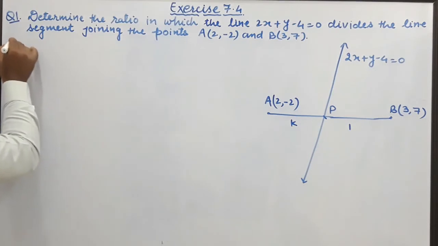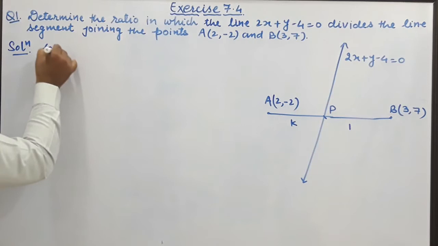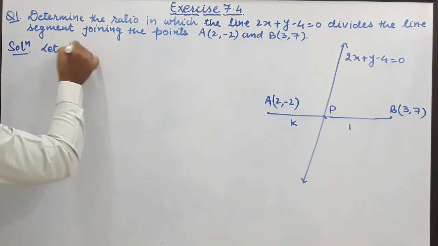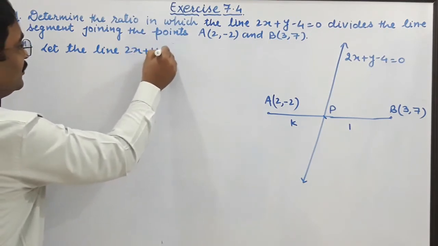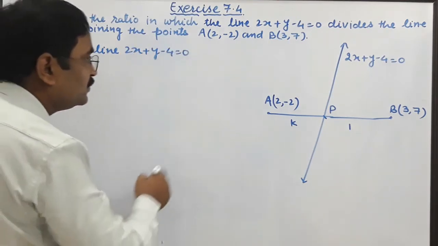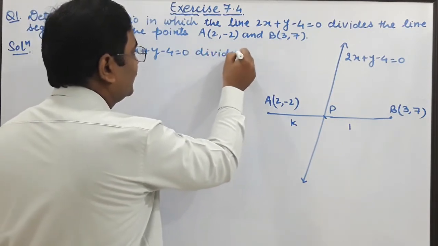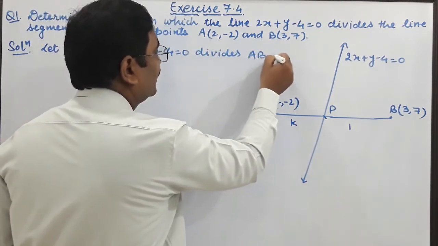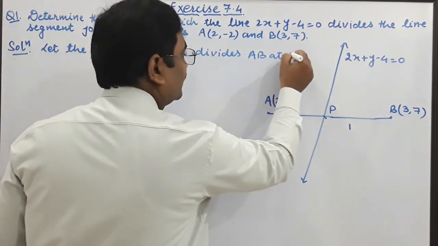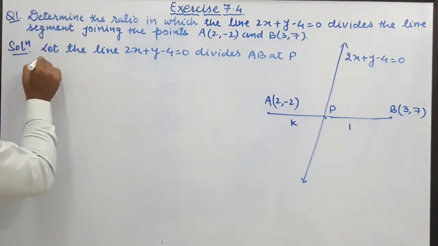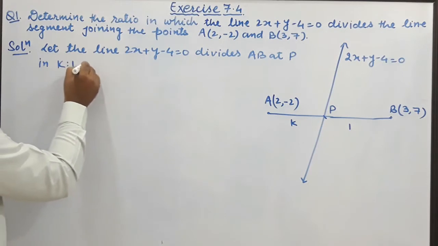So in the solution of this, let the line 2x plus y minus 4 equals to 0 divide AB at P in k is to 1 ratio.